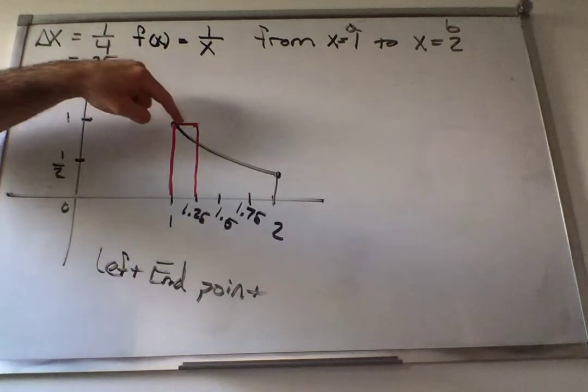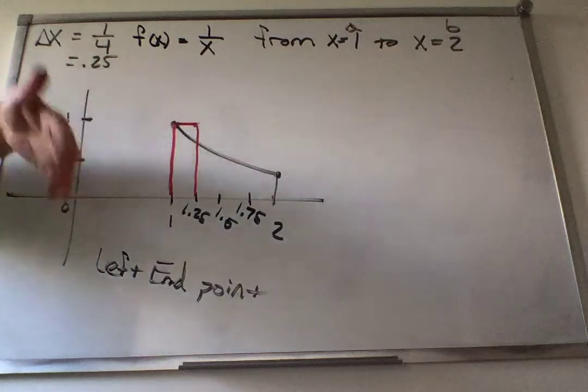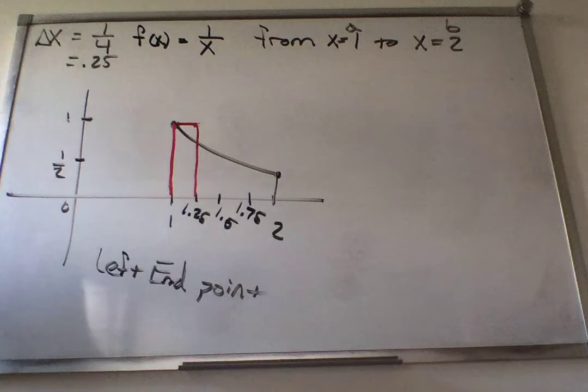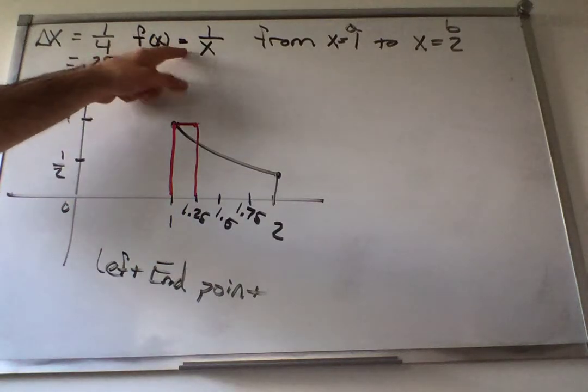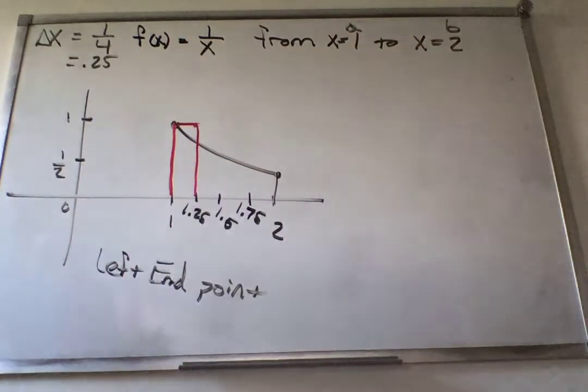Notice this time I'm overcounting some area. So the left endpoint approximation is going to give us an overestimate this time, whereas in the previous example it was an underestimate. So the left endpoint approximation is not always an underestimate. It can be an overestimate. It really depends on your function and where you're looking at it.